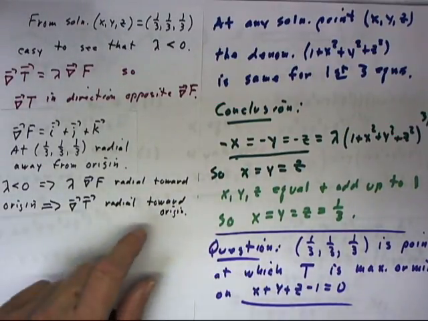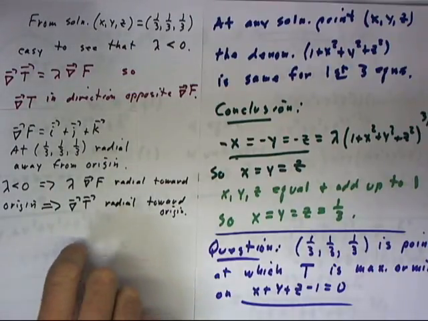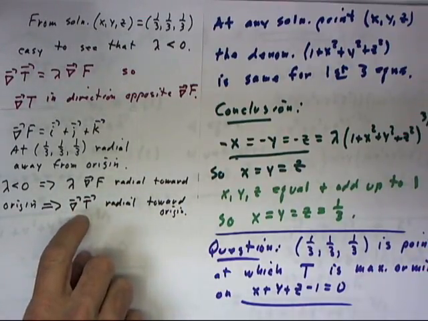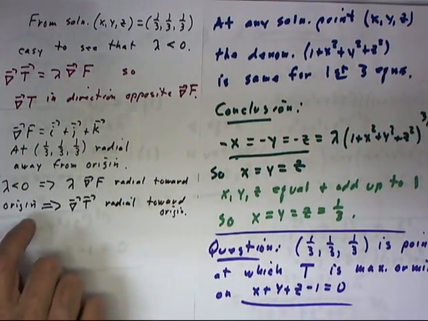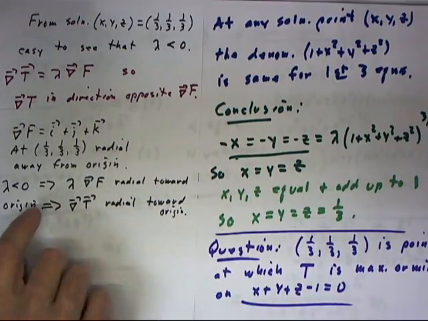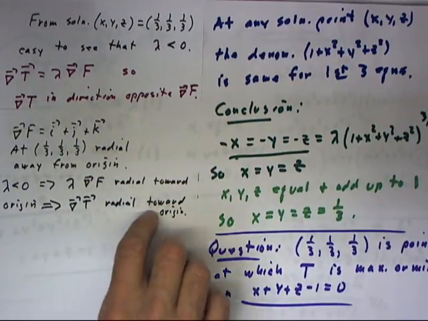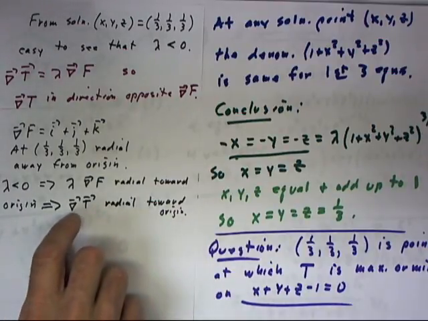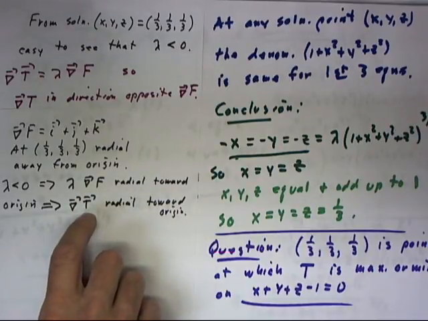Now the fact that it's radial toward the origin, again, is important, but in general, what does this tell us about, first of all, whether the temperature is maximized at this point, and secondly, how do we use similar calculations and similar reasoning to determine for a more general, more complicated function where we don't already know that del T is radial toward the origin, where we really don't have a good handle on maybe either of these functions.